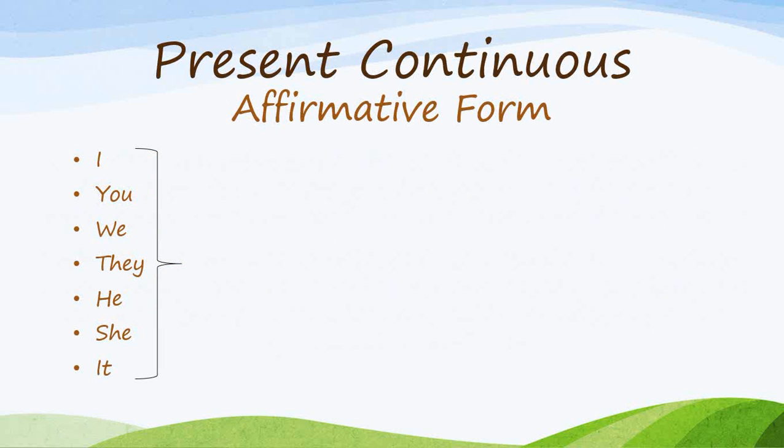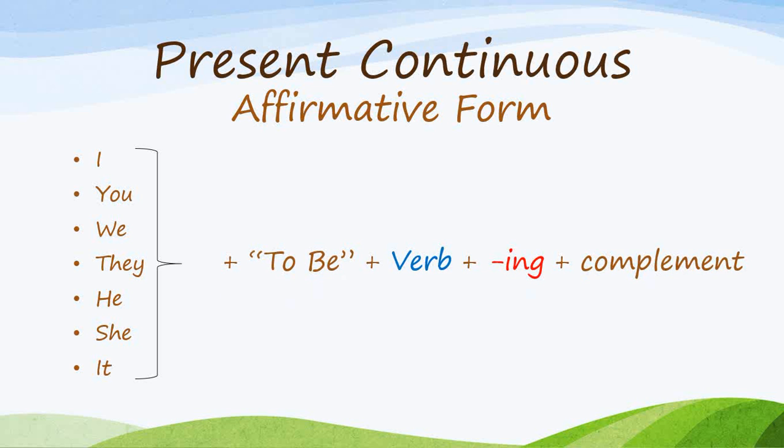Now we are going to learn about the structure of the present continuous. For the affirmative form, we have the subject plus the verb to be plus the main verb with the ending ing. This is very important. Plus the complement.